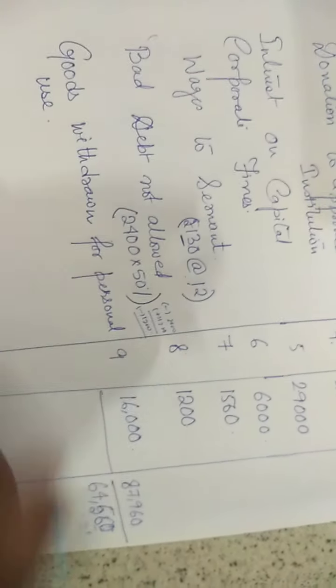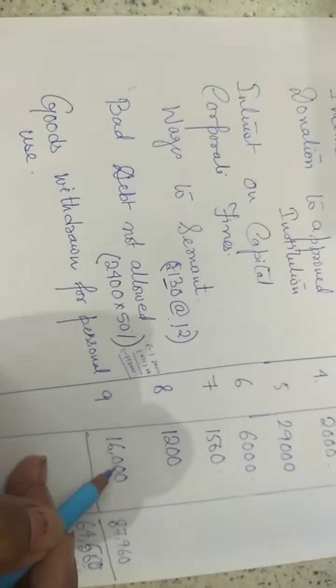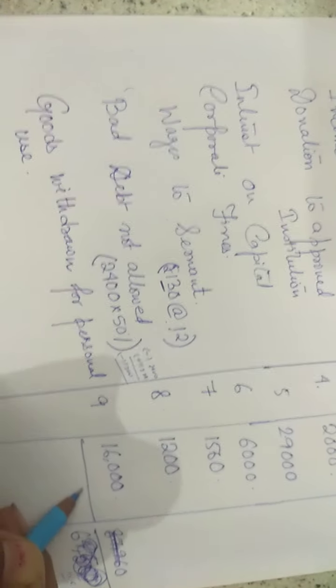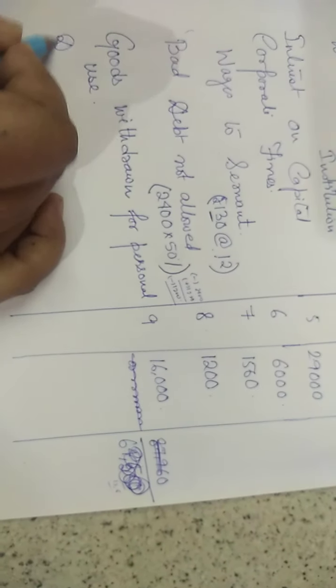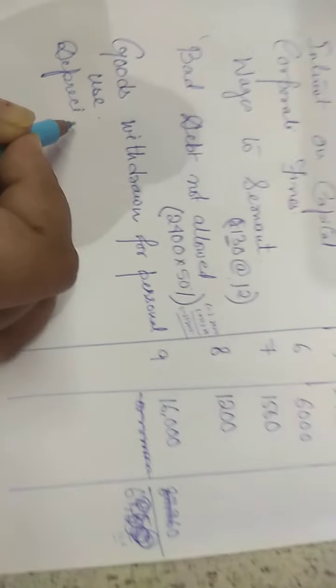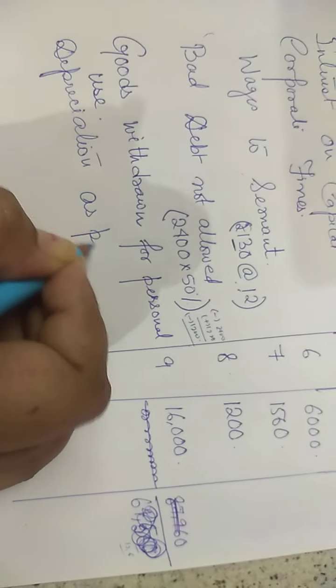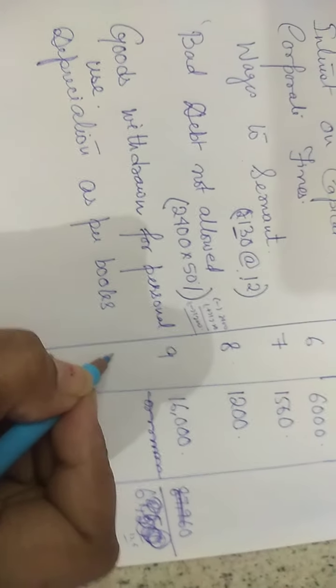One mistake. Depreciation. I wrote the total, but since I had already done the total, I did not write depreciation, sorry. Depreciation. Before we started off with the sums, we have learned how to calculate depreciation, right? Okay. Depreciation as per books of account cannot be deducted.